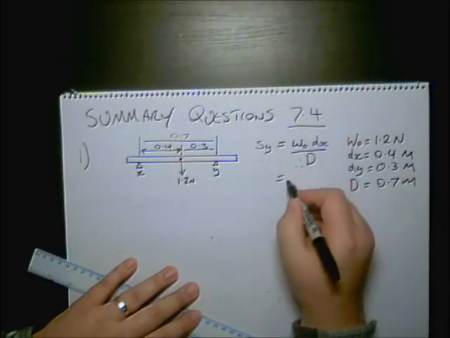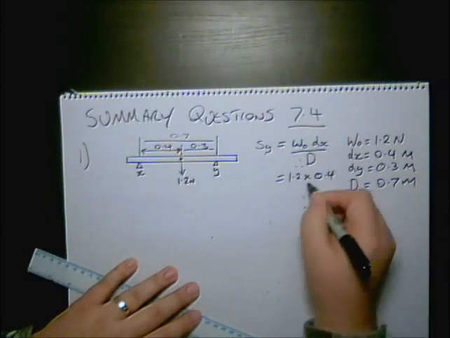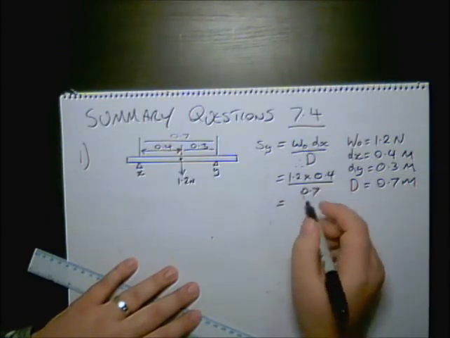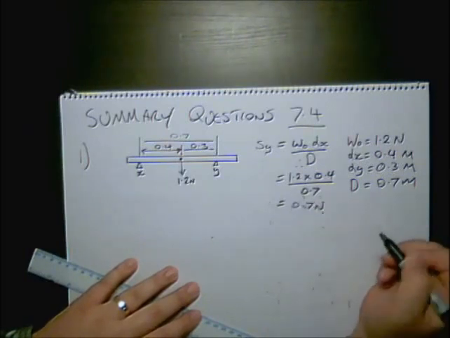Substituting in here, we get 1.2 times 0.4 over 0.7, which calculates through to be 0.7 newtons.